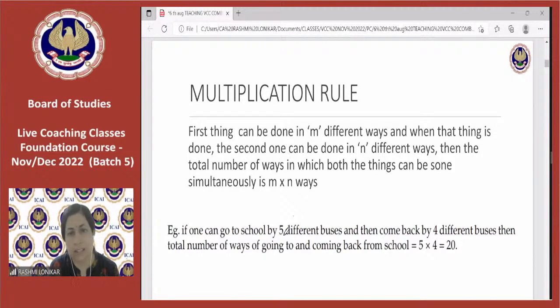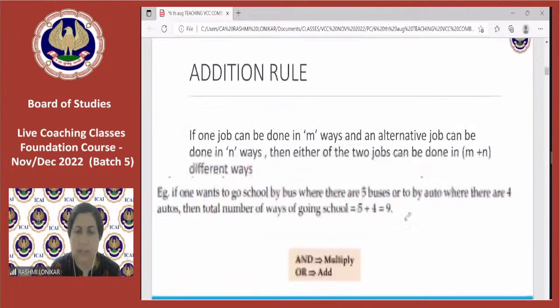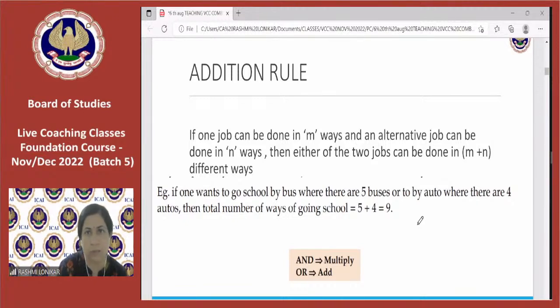In that case, it is 5 plus 4, 9 ways. Remember that example: he has 5 buses with which he can go, or 4 autos, so he can go in 5 plus 4, that is 9 ways. Whenever we have the word and, it implies that we are going to multiply, and whenever the word or is there, we are going to use addition.